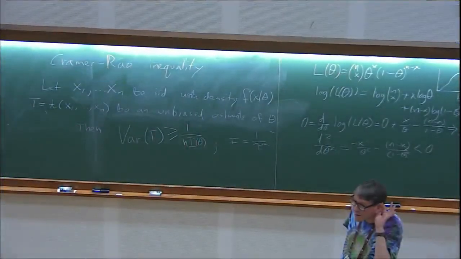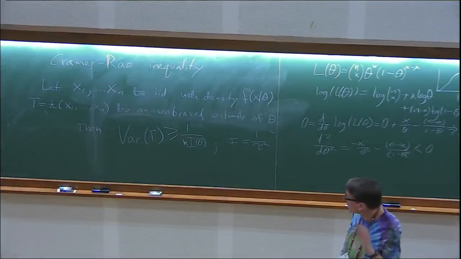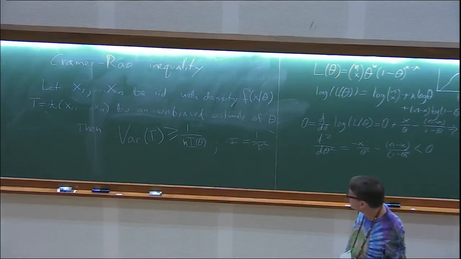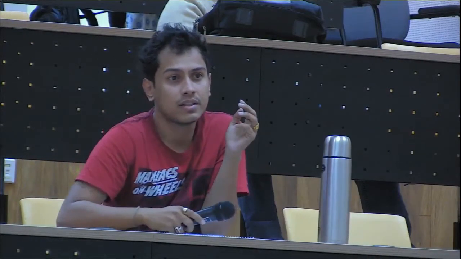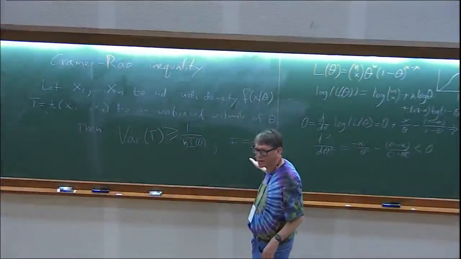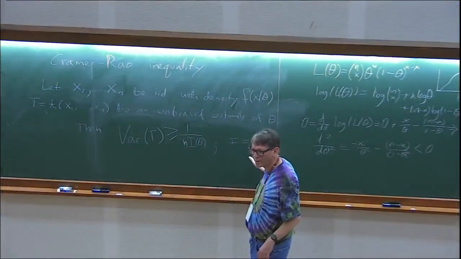Is the what going to be large? The variance of t is going to be large when my tau n is smaller. How do I understand this intuitively? It means smaller error in the data, but larger variance. How can that be possible? No, because I is 1 over tau.